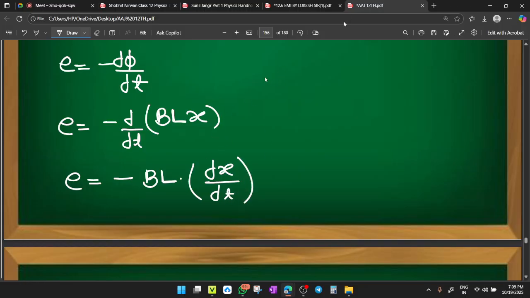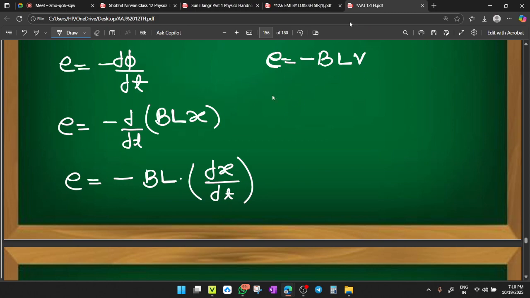So dx by dt is V. Now E equals minus BLV. The negative sign shows that the produced EMF will oppose the change of area. Clear? Because it is produced because of the change in area.